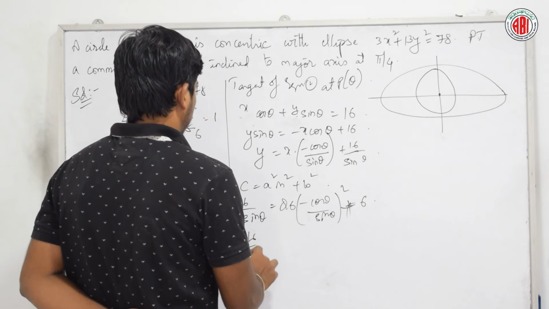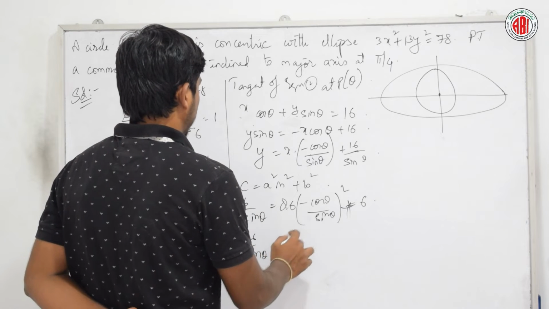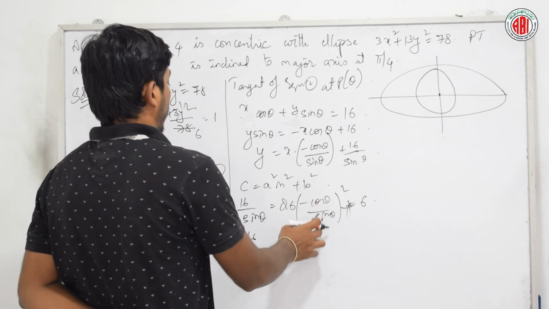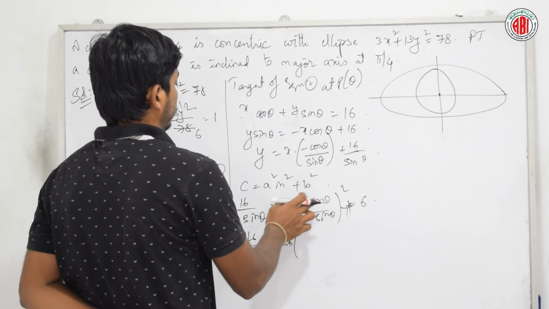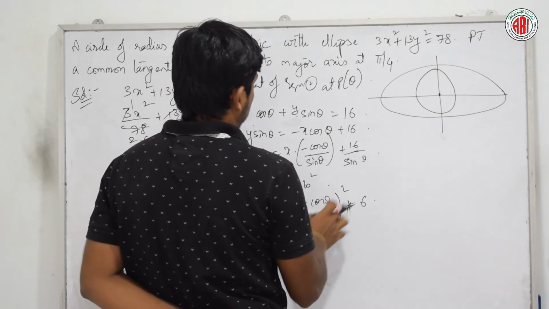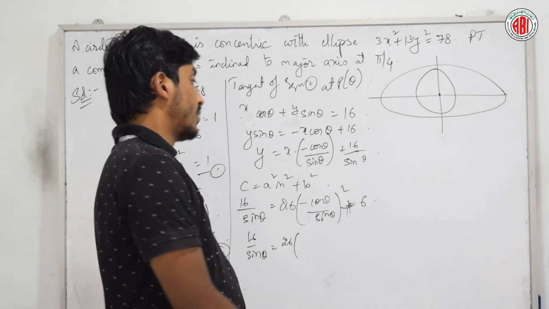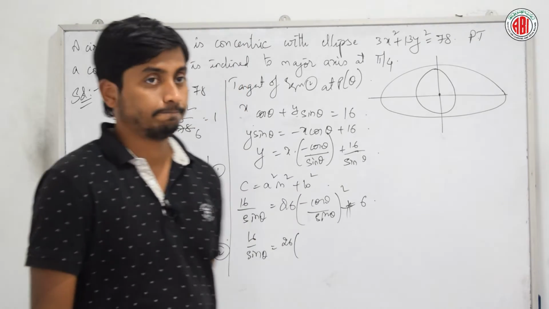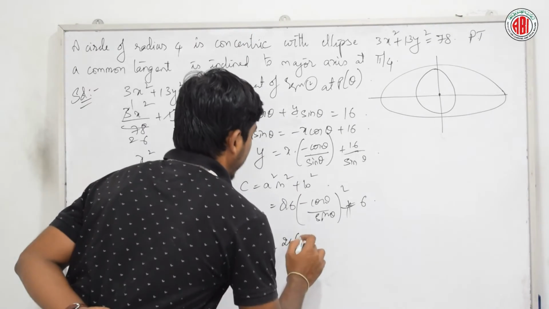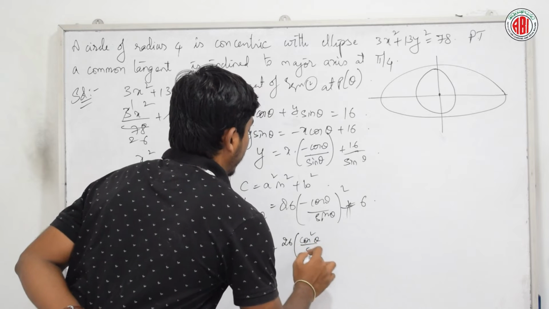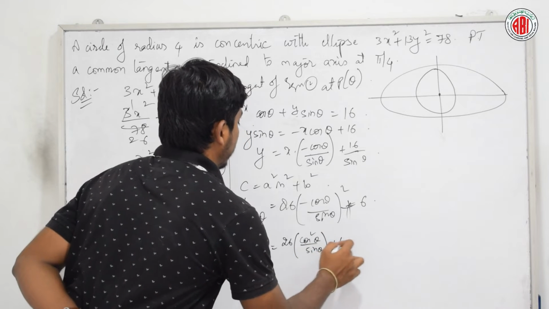16 by sin theta is equal to 26 into cos square by sin square. So what shall we do here? Let us do cross multiplication and check what do we get. Fine. See here. Here it is cos square theta by sin square theta plus 6.